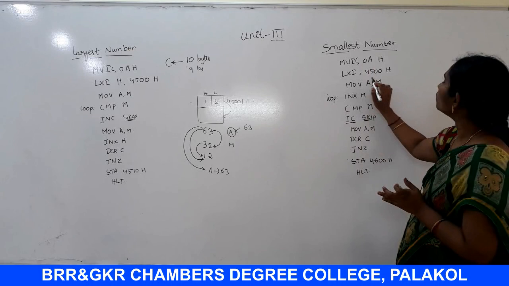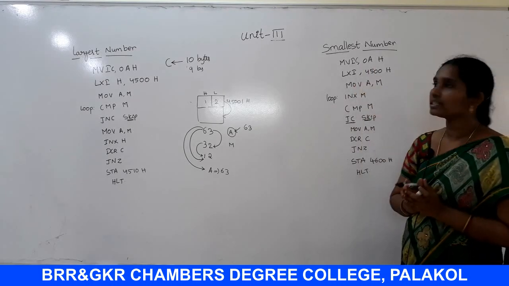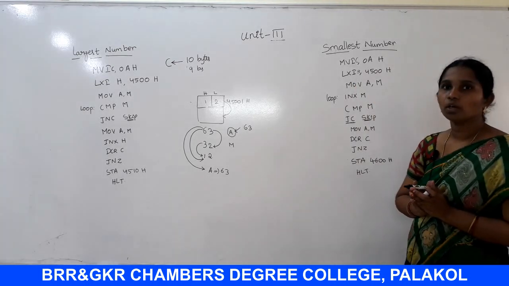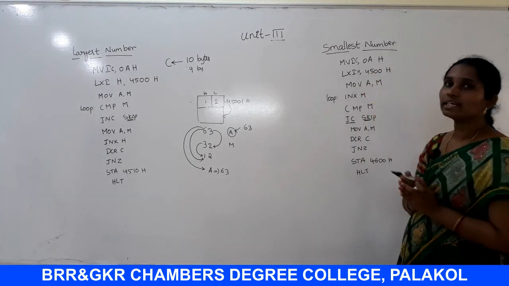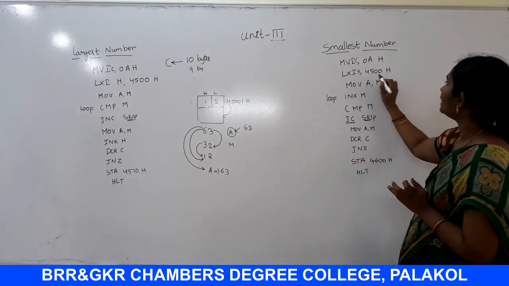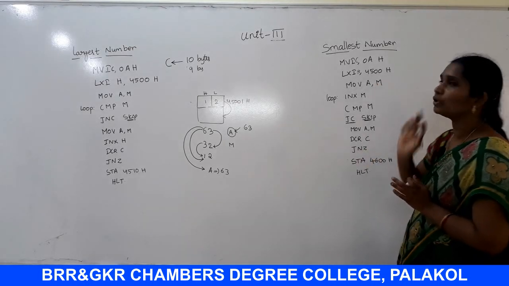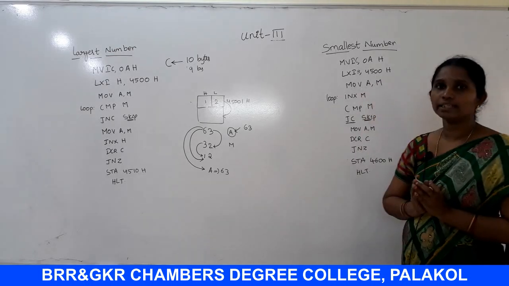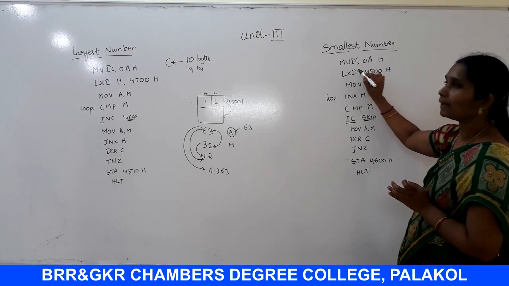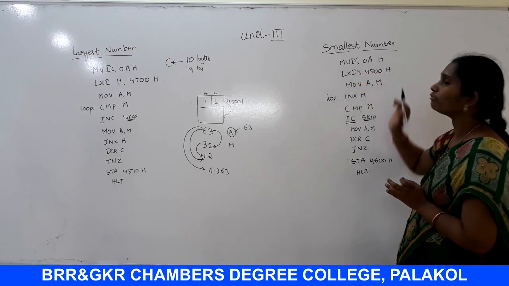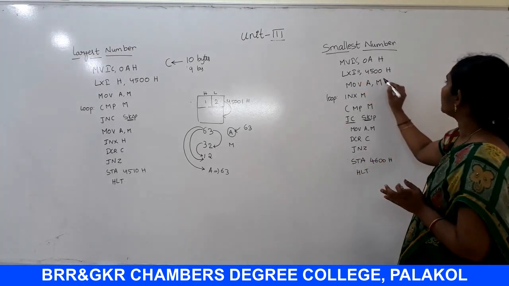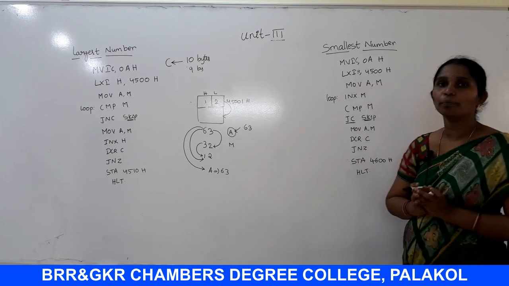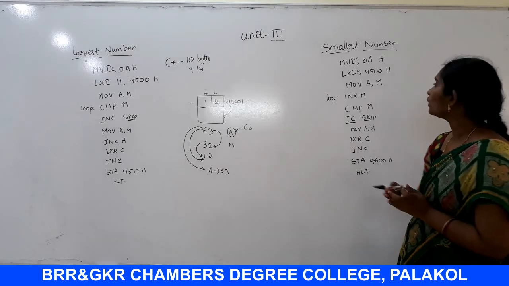Now LXI H is used here, so the HL register pair holds the address 4500. The next one is move A comma M: the HL register pair indicates a memory location, and whatever data is there in this memory location is copied to the accumulator.